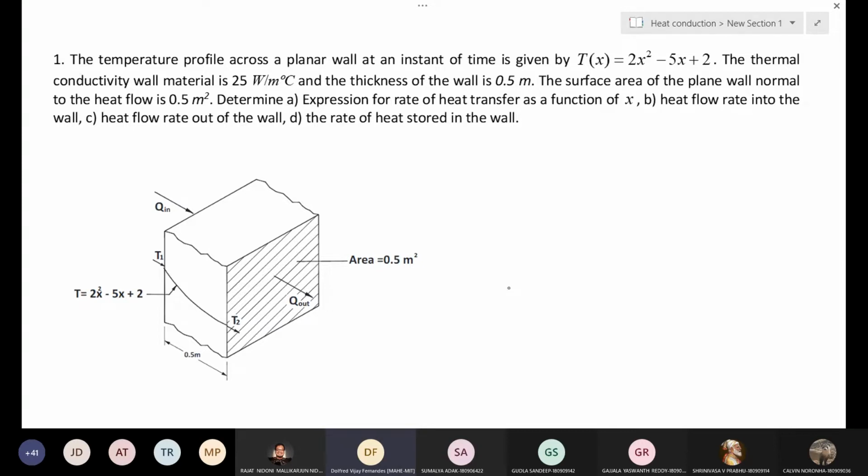Thermal conductivity of the material is given, thickness of the wall is given, and the surface area of the plane wall normal to the heat transfer is also given. We need to determine the expression for rate of heat transfer as a function of x, heat flow rate into the wall, heat flow rate out of the wall, and rate stored.